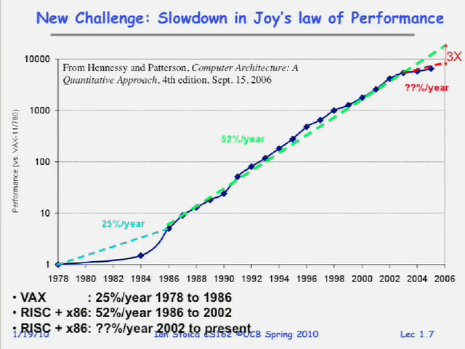And this green line represents what the performance would have been if Joy's law had continued to work. So now you have a gap between the performance predicted by Joy's law and the actual performance. It's 3x, and this was 2006, and actually it's growing.